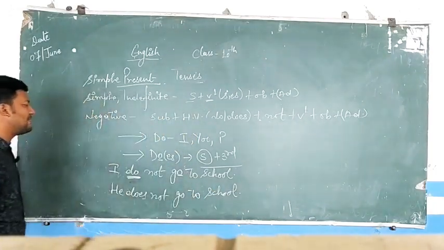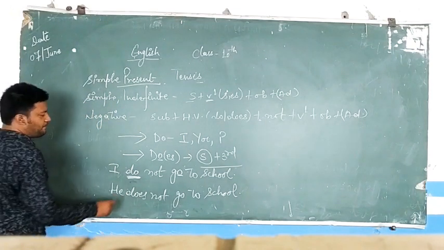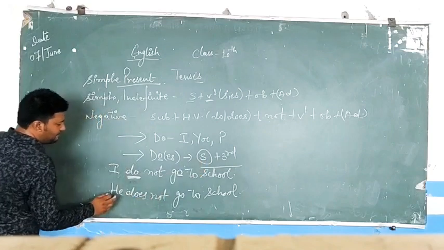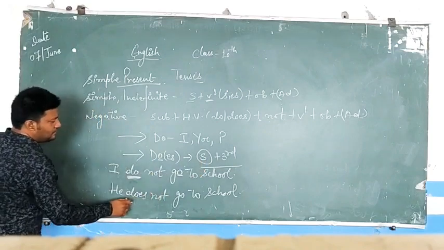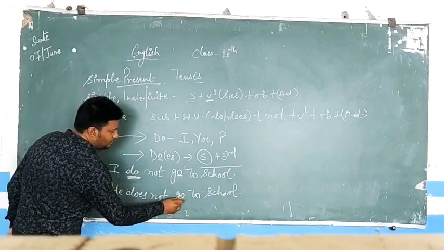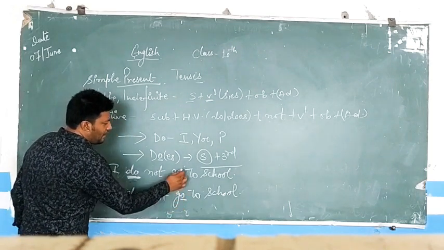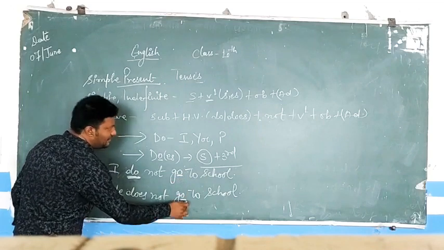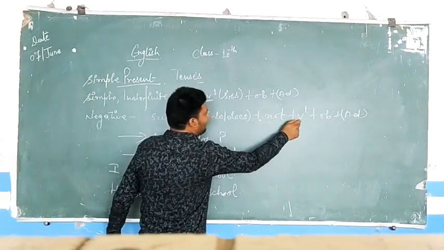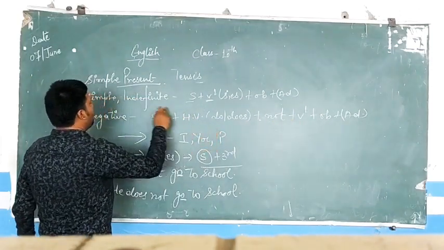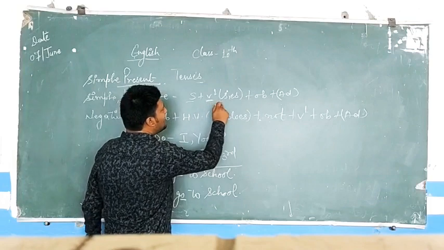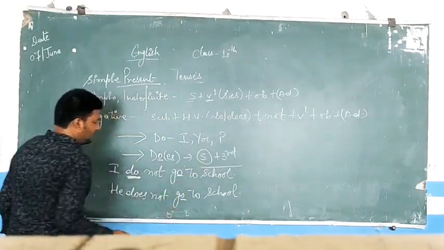So in both these sentences, if you look carefully, with I I choose do, with singular and third person he, I choose does. Here do, does, go and go, but I have not put es in the verb because in the formula it's verb first form of negative, but in the formula of simple tense it's verb first form plus s or es.